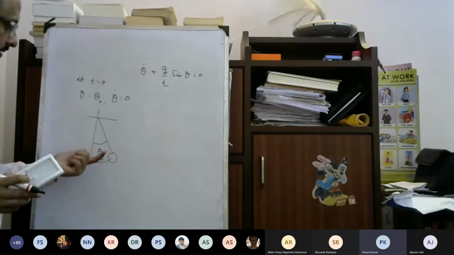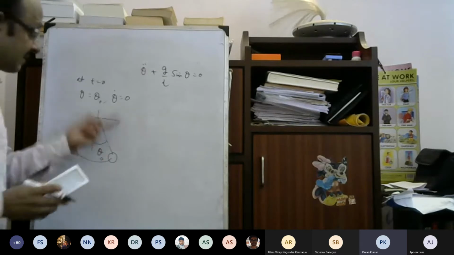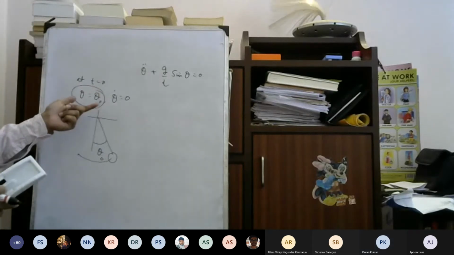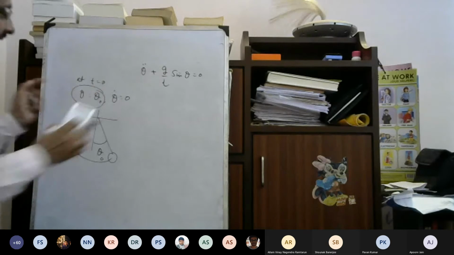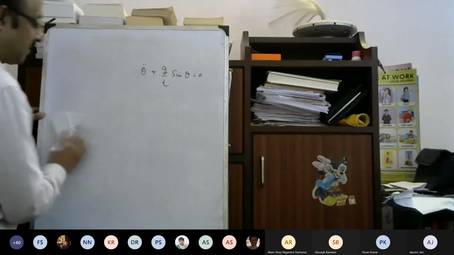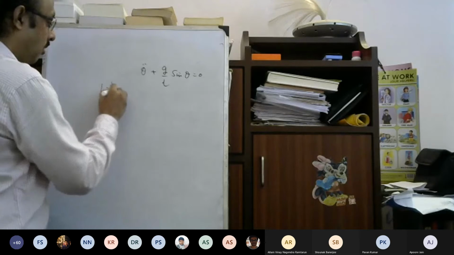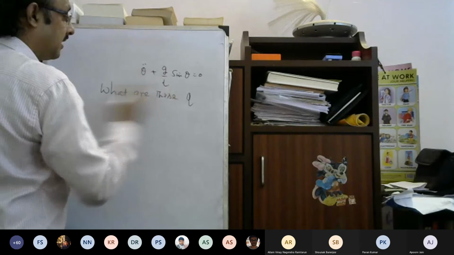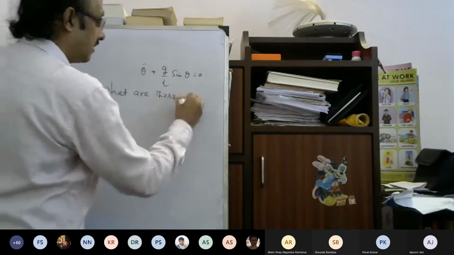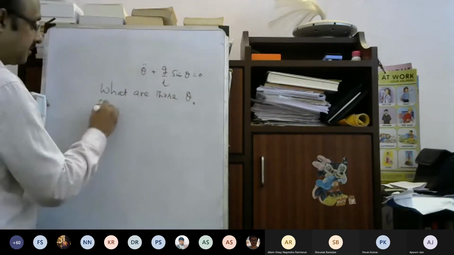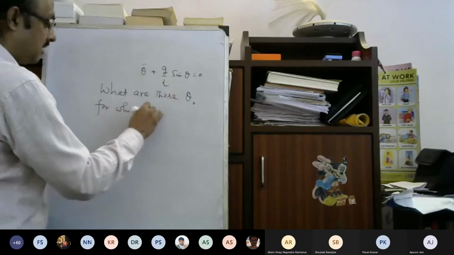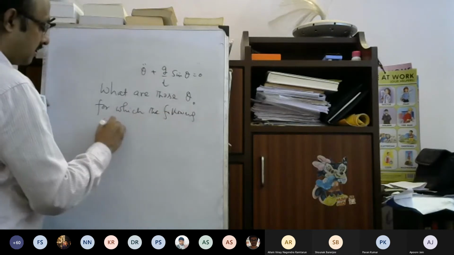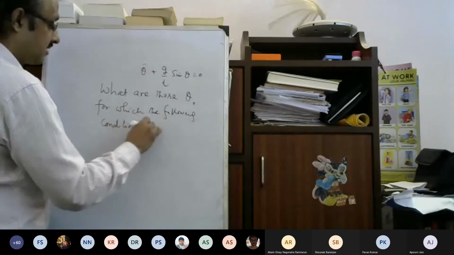At equilibrium, at t equal to 0, theta is theta naught, and theta dot is 0. I'm looking for special values of theta naught, not all arbitrary ones, but finding out what those theta naughts are. So my question is, what are those theta naught for which the following conditions hold?